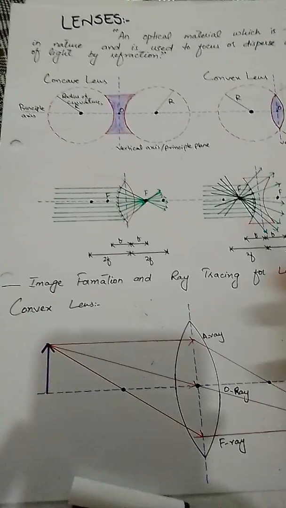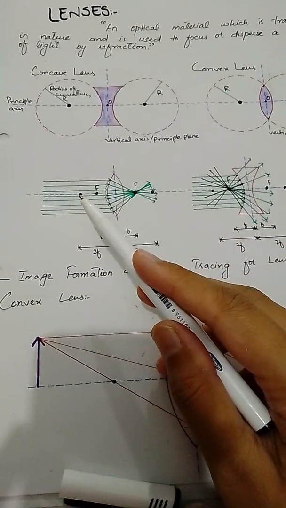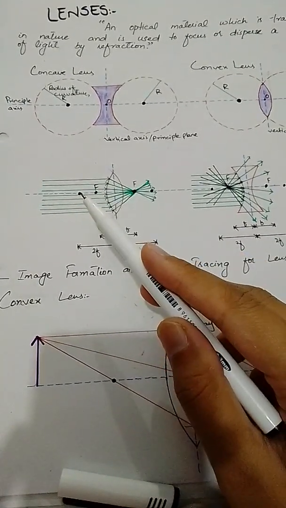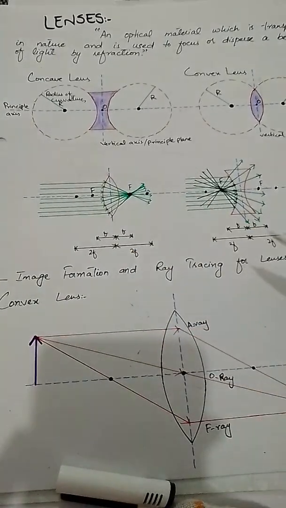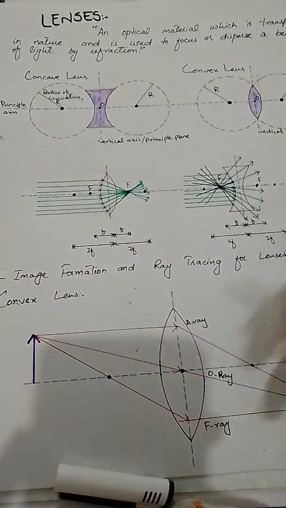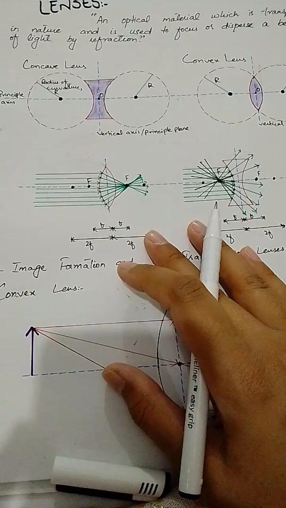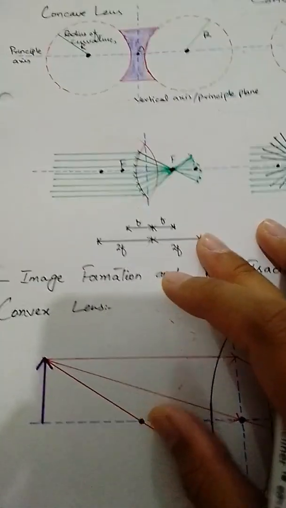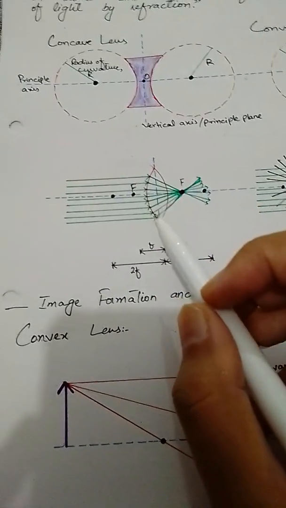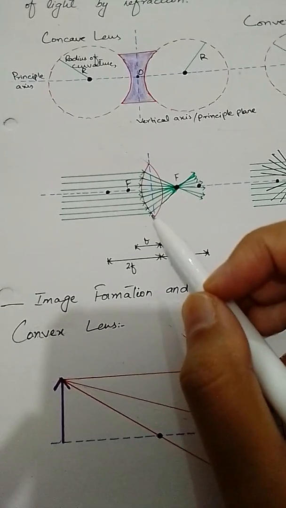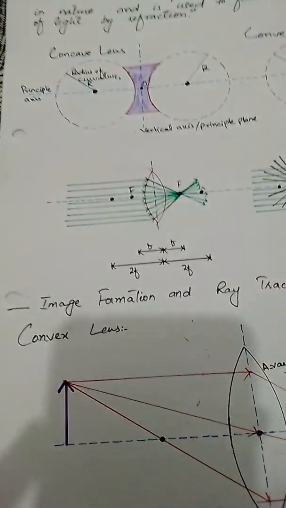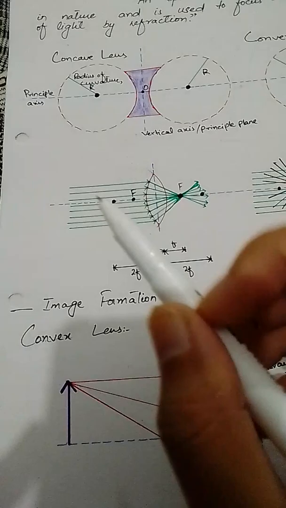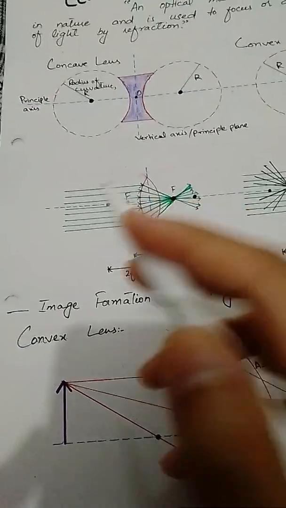Now, as there is no center of curvature, there won't be any central line, a C ray, while we are tracing the diagrams. Now, coming to the bending of light, or the focus of light, when it strikes these lenses.